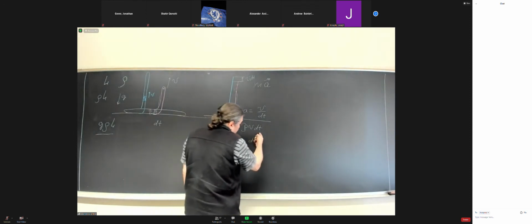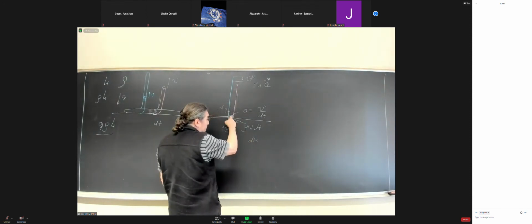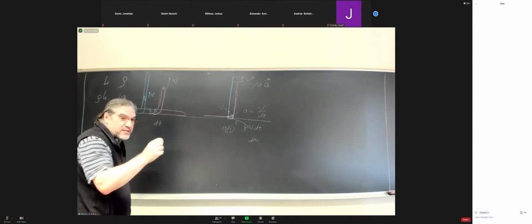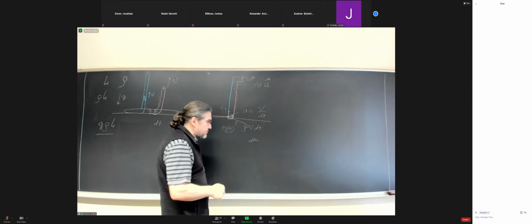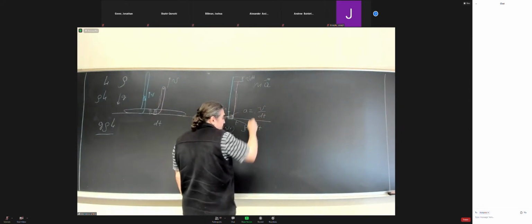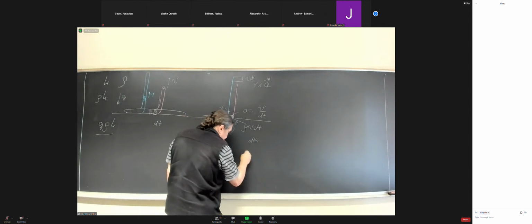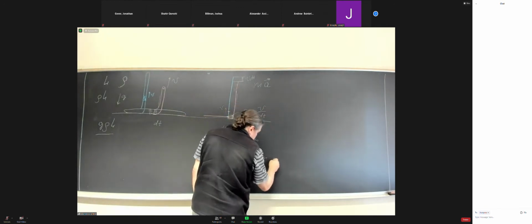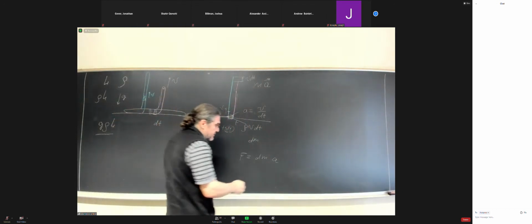Right? So what I need to do now is to write that the force which is needed to move that little piece up, to start it moving, must be equal to mass times acceleration. F must be equal to dm times a. So let's plug everything in.